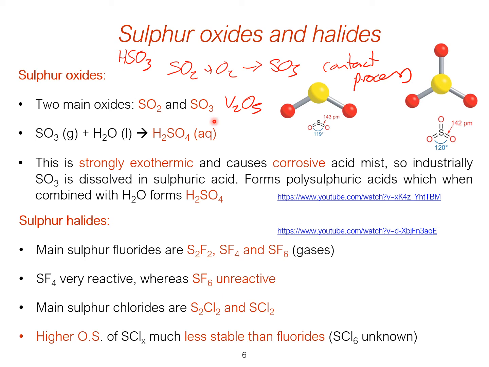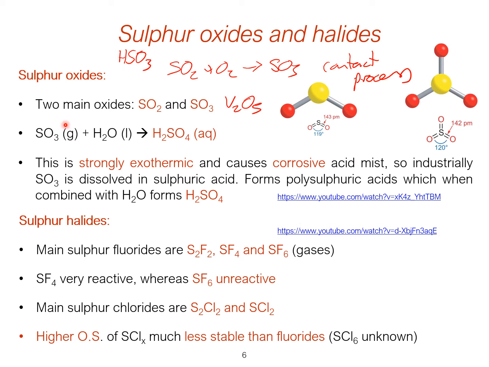So let's look a bit more at this reaction, the actual SO3, once it's been made by the contact process, with water to make sulfuric acid. This is super exothermic, and because it's so exothermic, the water will end up boiling and creating a mist, but this boiling water will also have sulfuric acid in it, which makes a really nasty acid mist, and is not very safe.